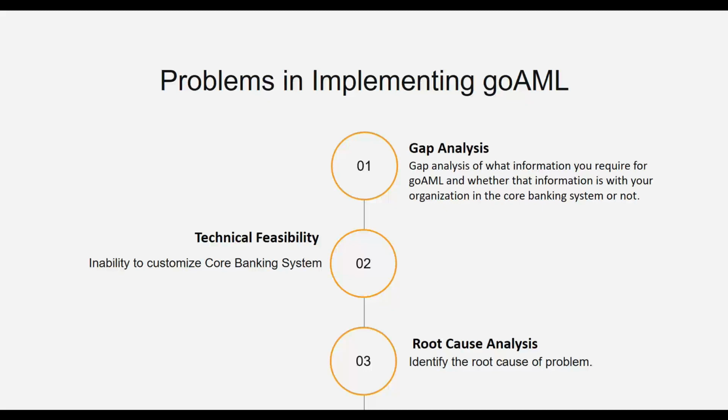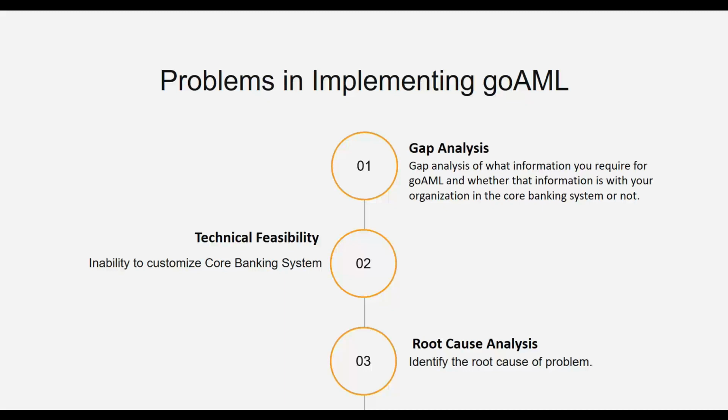Technical feasibility. Core banking system is a closed system and it should be a closed system. The vendor does not allow any customization in that system because CBS is composed of various modules where each module is responsible to handle various transactions and these modules are interrelated. Therefore, if you make changes in one module, it is going to affect others.